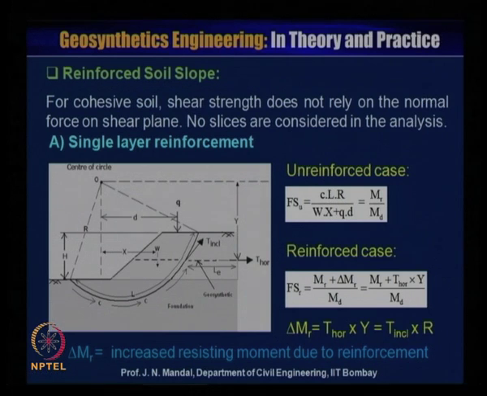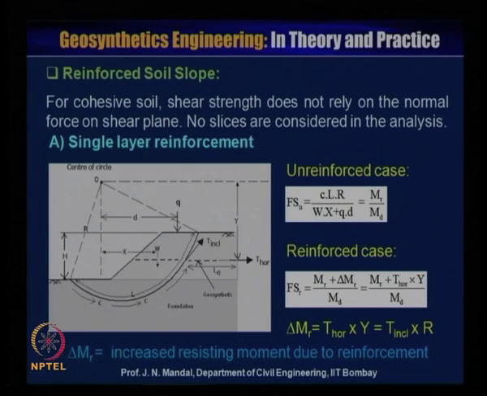In case of the reinforced soil slope, we are considering cohesive soil and shear stress does not rely on the normal force on the shear plane. So, no slices are considered in the analysis. Initially we are showing a single layer of the reinforcement.